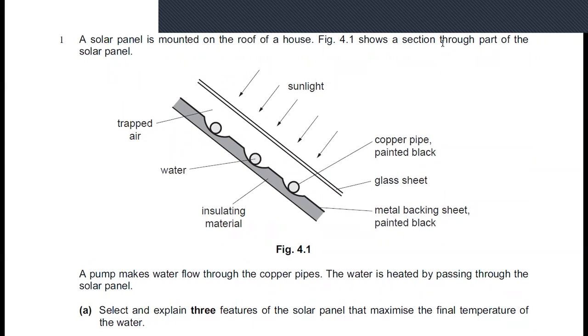What can you see here that is allowing convection, radiation, and conduction to happen? Think of those features, select them, explain them, and list down your answer, and then we'll discuss the points.